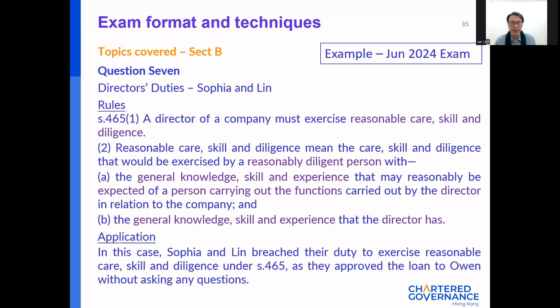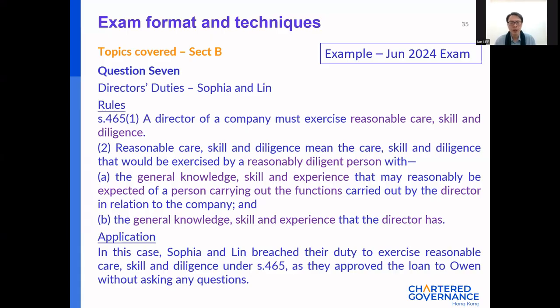Maybe that director has more knowledge, more skills, and more experience, then the expectation can rightly be higher. So for the duty to exercise reasonable care, skill, and diligence, the minimum requirement is the objective test. The requirement can be higher based on the subjective test if you happen to have more knowledge, more skills, and more experience.